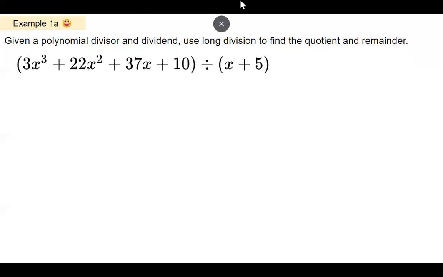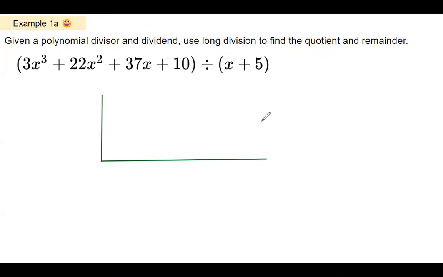Okay, so the way that we're going to set up our synthetic division is that we're going to create our little house, but this time we're going to flip it around. We have our house turned around, upside down here. And we're going to write every coefficient of our dividend inside of our house on top.